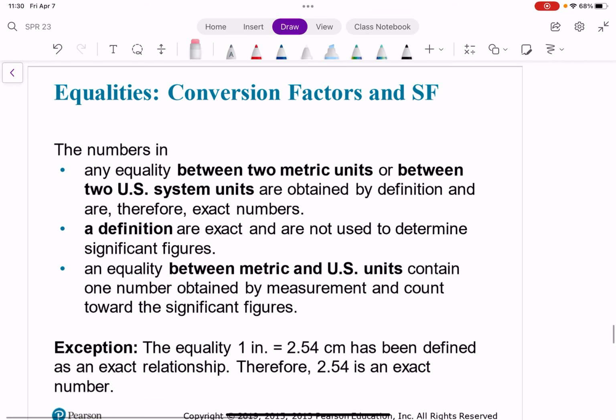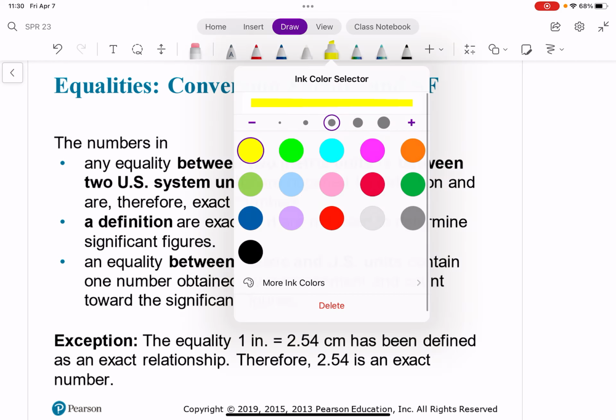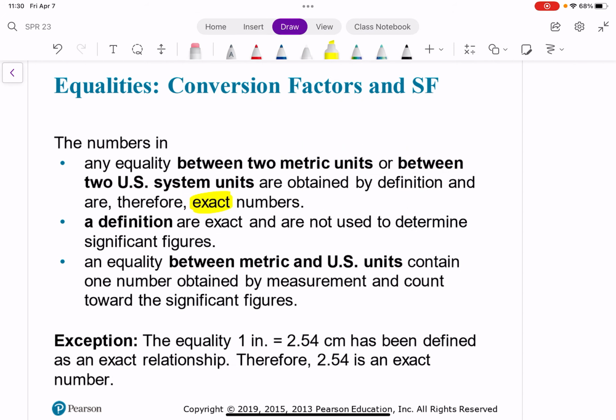All right, so conversion factors and sig figs. The numbers in any equality between two metric units or two US system units are obtained by definition and are therefore exact numbers. So in other words, this relationship, 1,000 millimeters equals 1 meter, is an exact relationship.